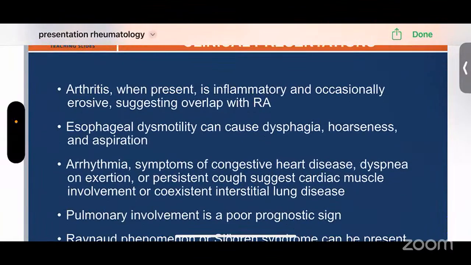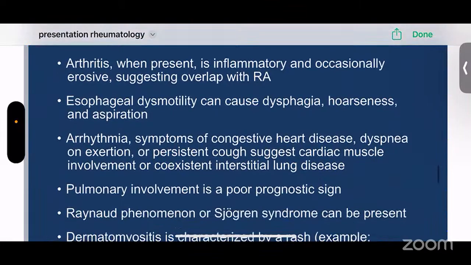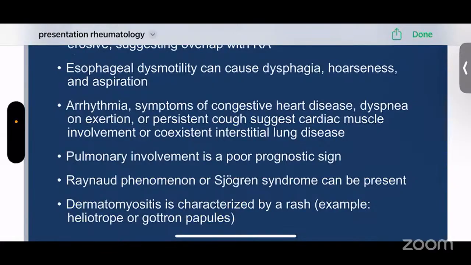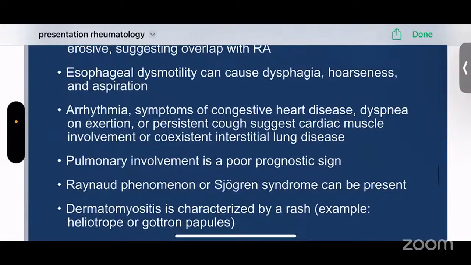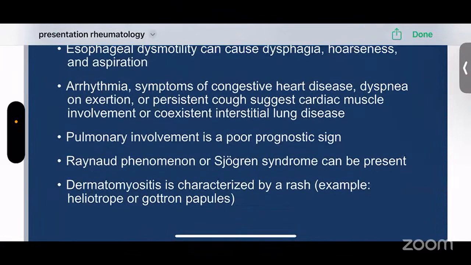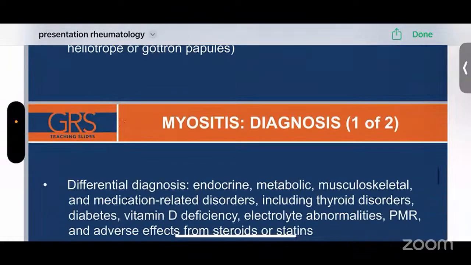Some patients may come with arthritis, others may come with pulmonary involvement. So as we know, a detailed history from the patient, examination, and investigation are a must. Because the presentation varies from patient to patient, and even one patient may have many symptoms that lead to five or more differential diagnoses.